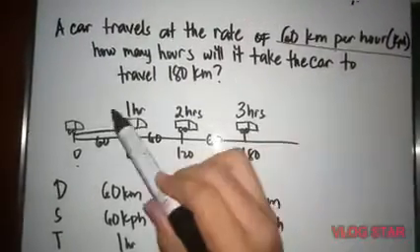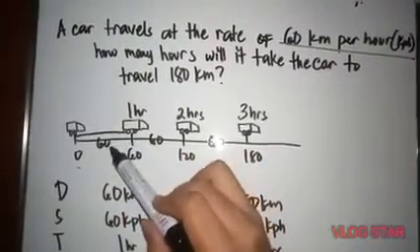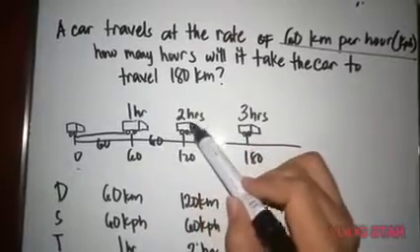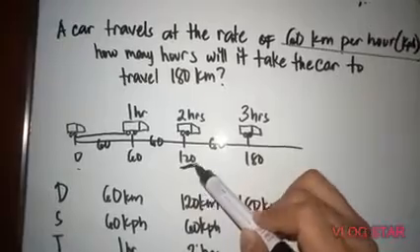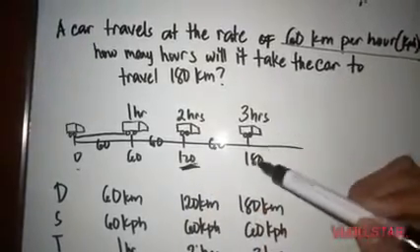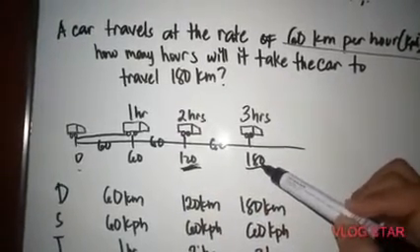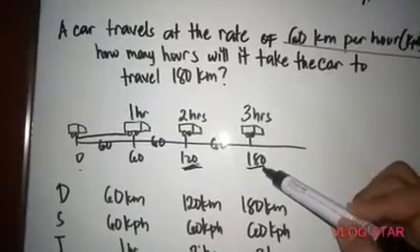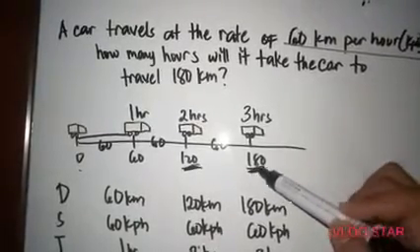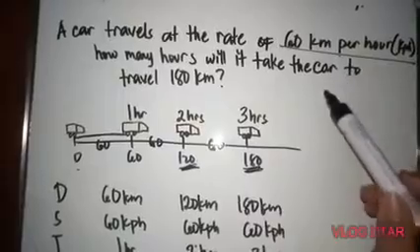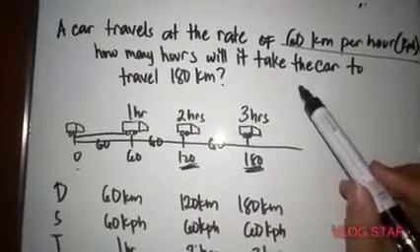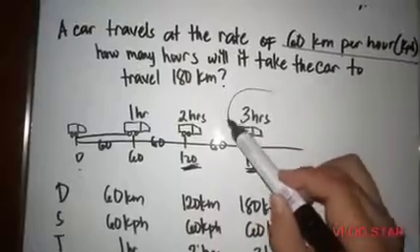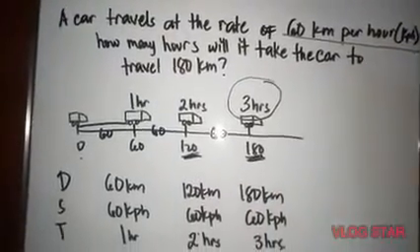It never changes. So for the first hour, 60 kilometers. For 2 hours, we get 120 kilometers. For 3 hours, the distance traveled by the car would be 180. And the question is, how many hours will it take the car to travel 180 kilometers? Therefore, the answer is 3 hours.